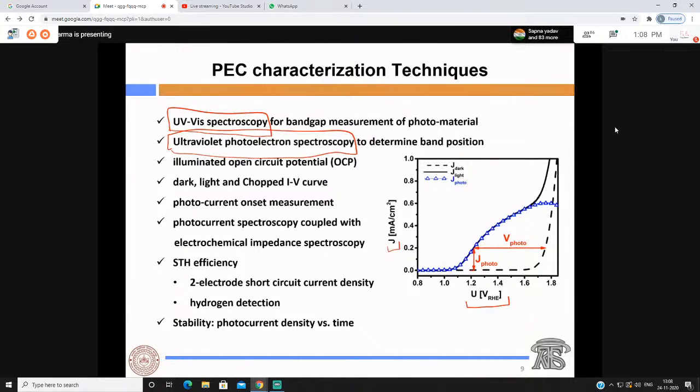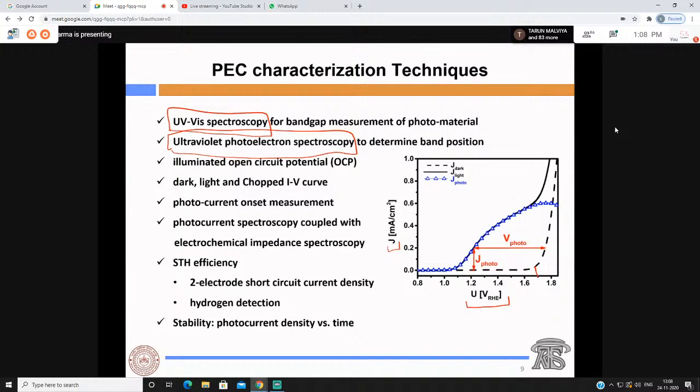You see that the current is 0 till approximately 1.7 volt, and then the current rises. We saw that 1.23 volt is the thermodynamic potential of water splitting, but in real conditions the potential is more than 1.23 because of some overpotential associated with the experimental conditions. So what is the overpotential here? It is approximately 1.7 minus 1.23.